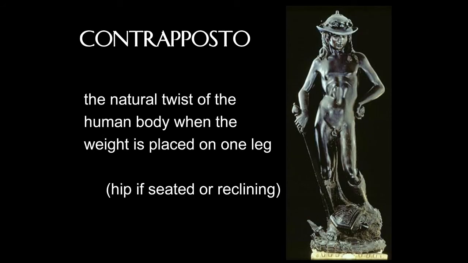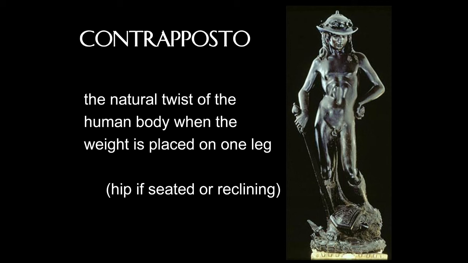Perhaps a better definition of contrapposto is the natural twist of the human body when the weight is placed on one leg, or it could be on the hip, for example, if it's seated or reclining. In other words, the weight is on one side of the figure, and that makes certain things happen. As you'll notice here, the hip on the weight-bearing side is raised.